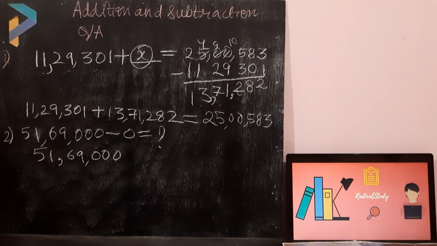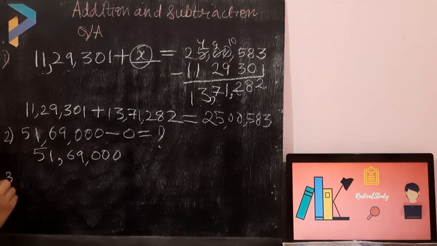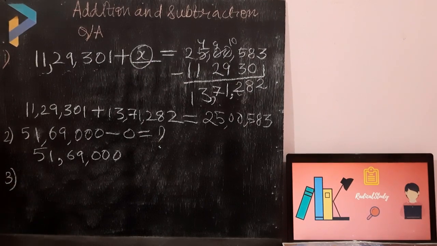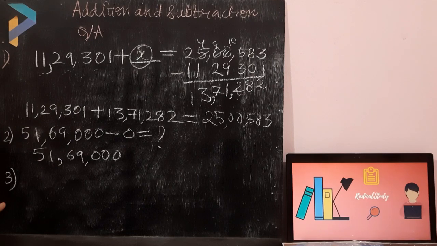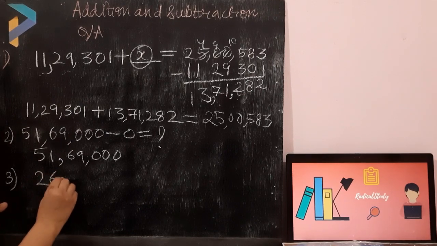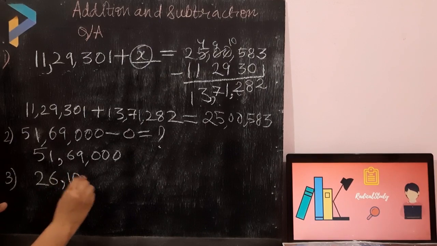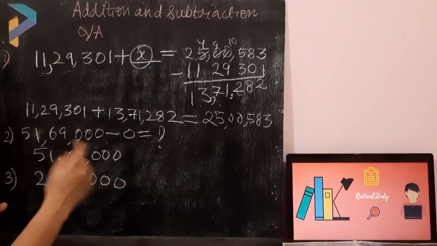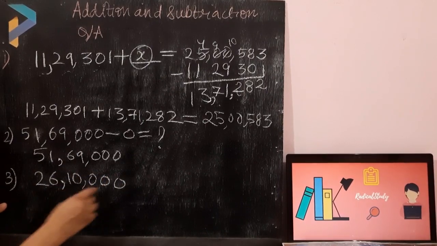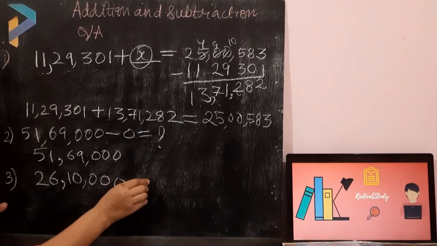Now I am going to solve third question for you. What should be subtracted from 26,10,000 to get 19,47,385? Now this is the number 26,10,000. Now what should we subtract from this number? Now subtract means minus.